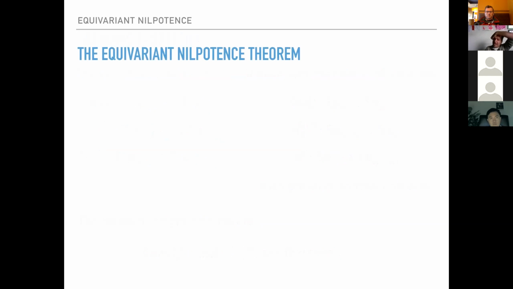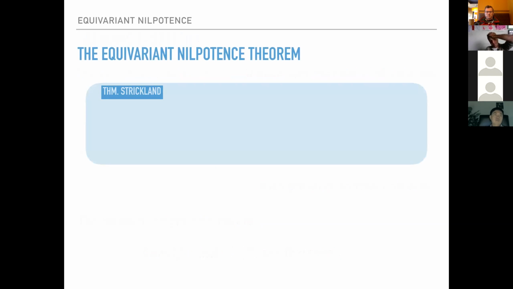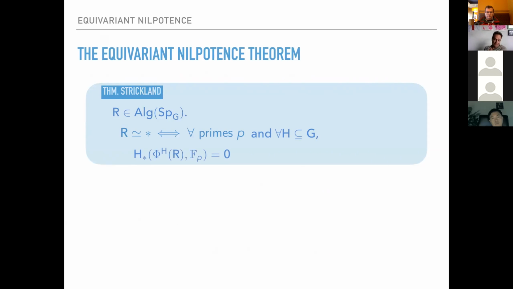So what do we have in the equivariant case for a nilpotence theorem? Well, Strickland observed that the Devinatz-Hopkins-Smith result pretty much immediately shows that for an algebra in G-spectra, this is contractible if and only if for all primes p and all subgroups H, in fact you could take conjugacy classes of subgroups, the FP homology of the H geometric fixed points vanishes, as well as the Morava K-theories of all those geometric fixed points.